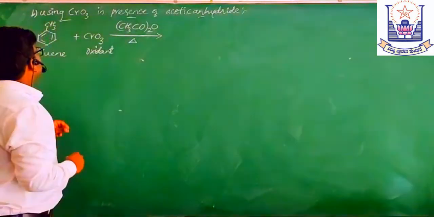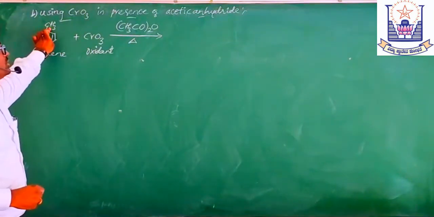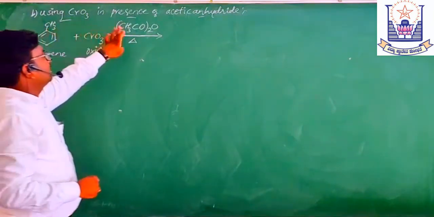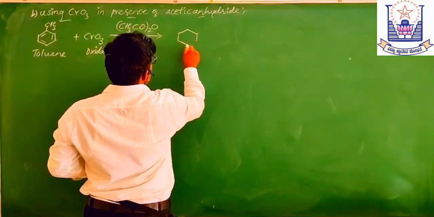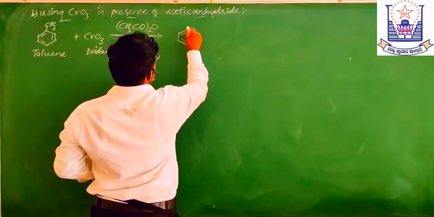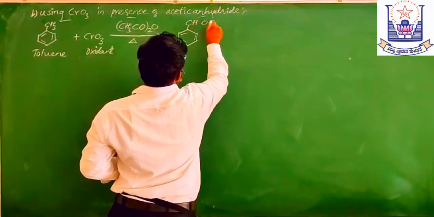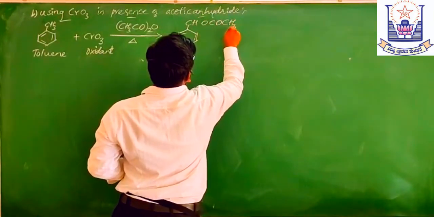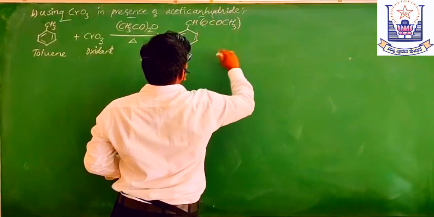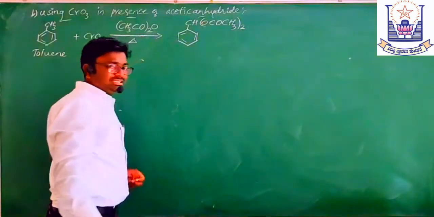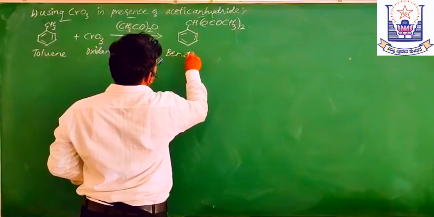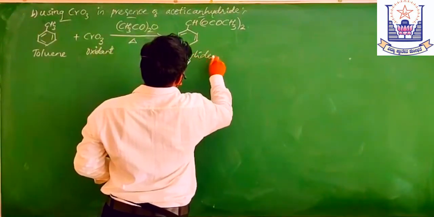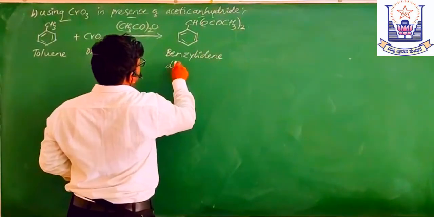It will be oxidized to the intermediate, with OCOCH3 groups. This is called benzylidene diacetate.